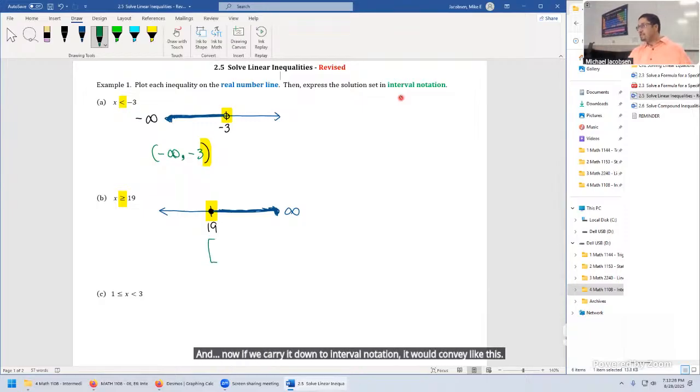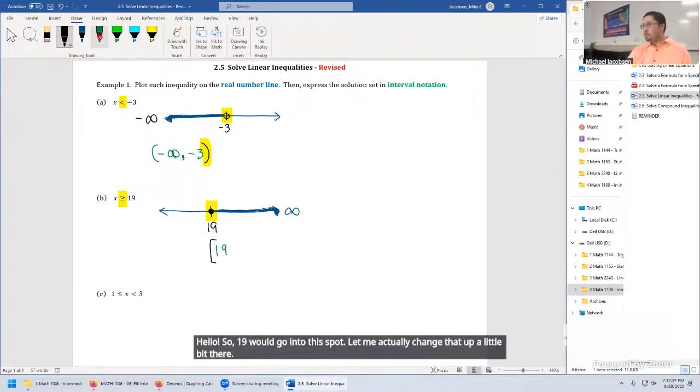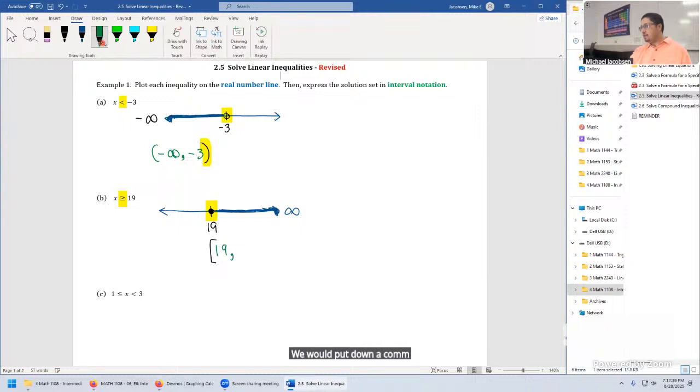So 19 would go into this spot. We would put down a comma and then an infinity. So the change here is that from the parenthesis, we threw in this time a bracket.